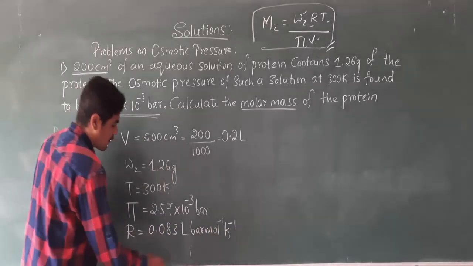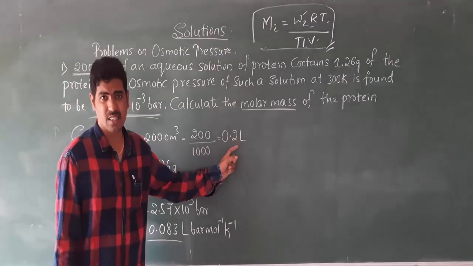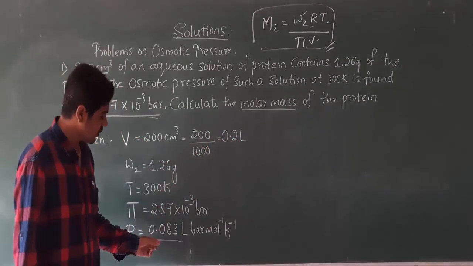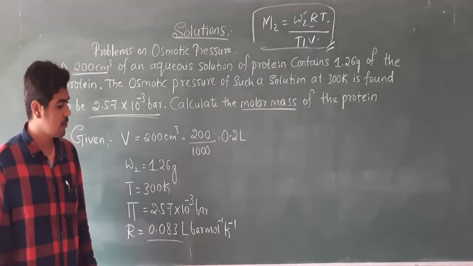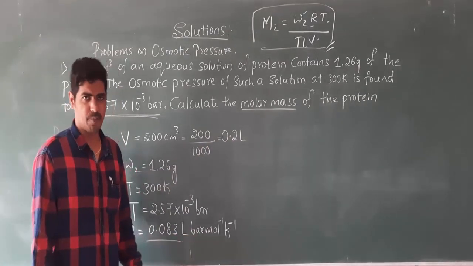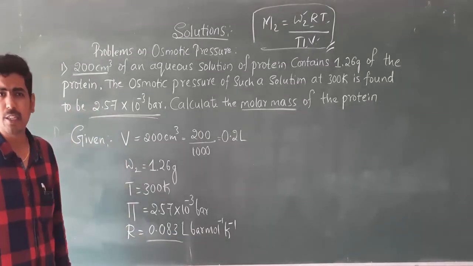So this is the value of R. Since the volume is in liters, we are using this value, 0.083 liter bar per mole per Kelvin. So these are the values given in the problem.